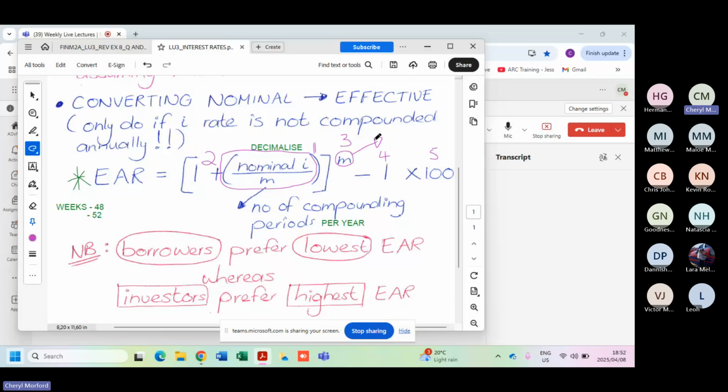How do you raise something to the power of on a calculator? If it's not squared, do you know what to do? Say you want to raise it to the power of 12 or to the power of 48. Do you know which button to hit on your calculator? It's the Y to the X. So please give this one a shot. Make sure that you know how to do that.